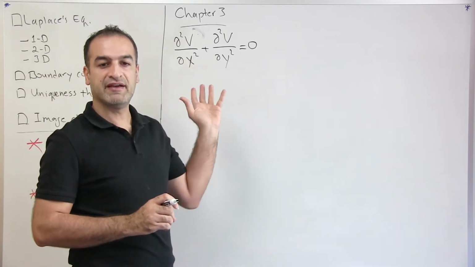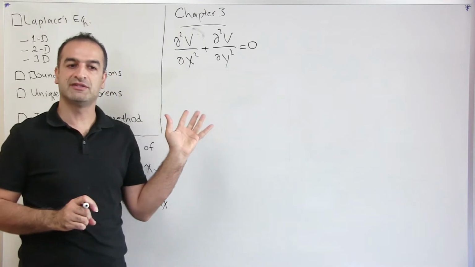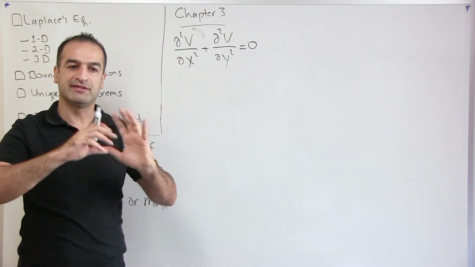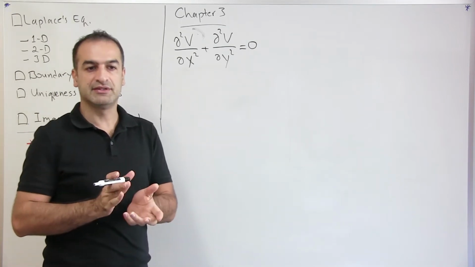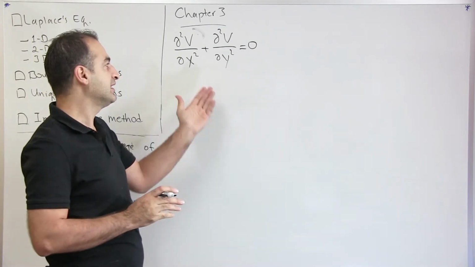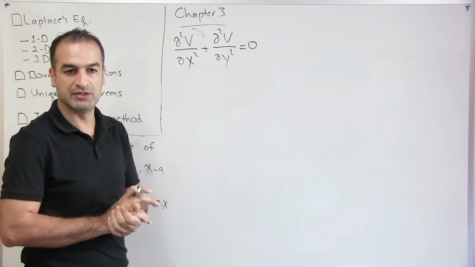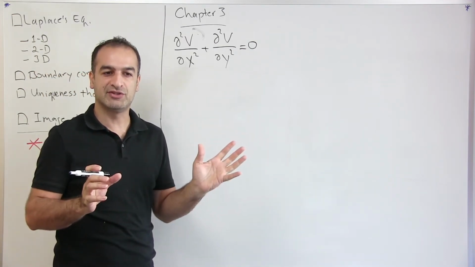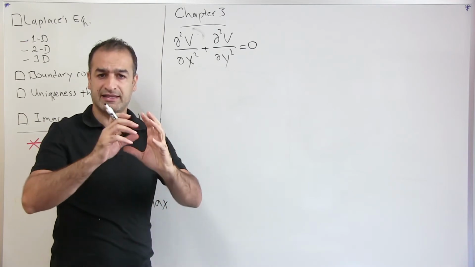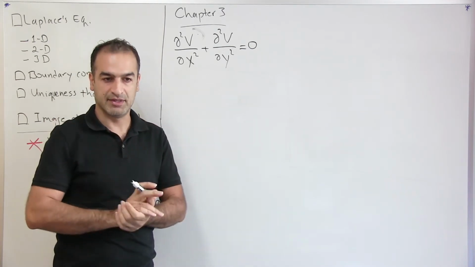So as soon as we have the partial derivatives and as soon as we get out of the boundary of ordinary differential equations, things get a little interesting in the sense that we do not have the general solution for this equation anymore. So this equation does not have general solutions that you can use and then find the constants based on the boundary conditions.